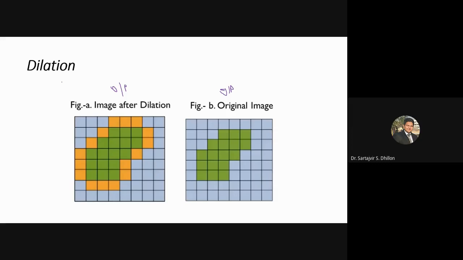And we have a lot of morphological operations which all depend on these two. So in the next lecture, we will discuss the various applications and the other operations based on erosion and dilation in morphological image processing.